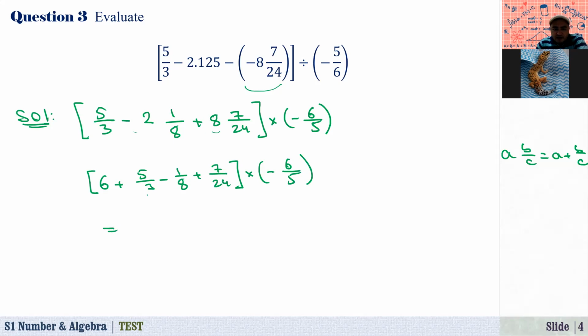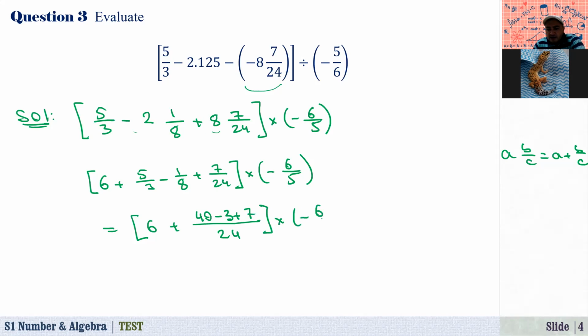So now if you simplify inside these brackets, the common denominator is 24. For the first fraction to have 24, we need to multiply numerator and denominator by 8. 8 times 3, 24. 8 times 5, it is 40. Minus, and to get 24 in the second fraction, we should multiply numerator and denominator by 3. 3 times 1, it is 3. Plus, the last one, already the denominator is 24, so we don't have to do anything here, just 7.